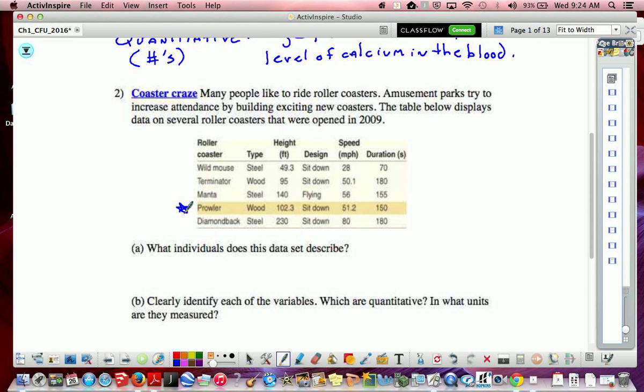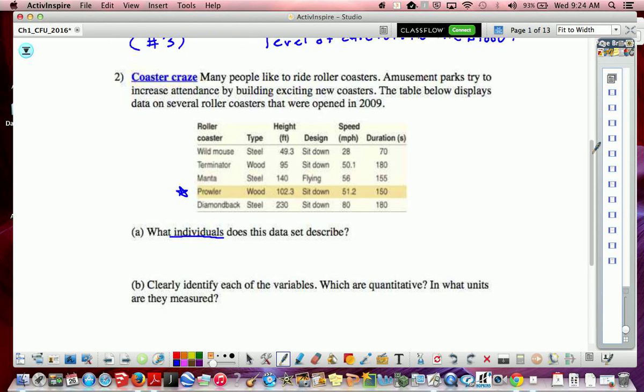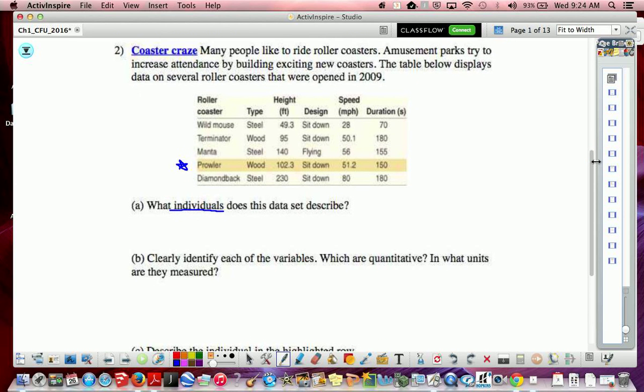So in question A, it asks you, what individuals does this data describe? When they ask you to describe it, don't just give a quick answer by just saying roller coasters. It is describing roller coasters, but be more specific. When? Was it all roller coasters in the United States, period, or was it during a specific time frame?